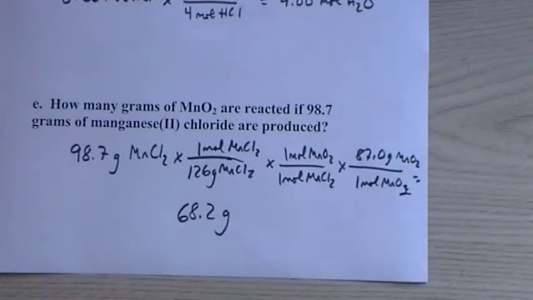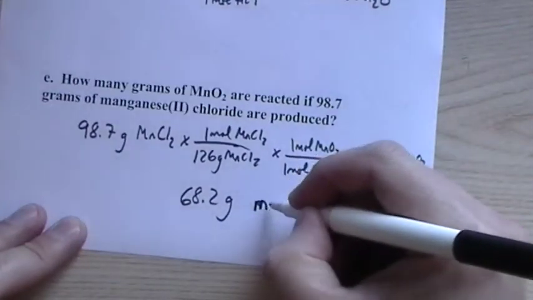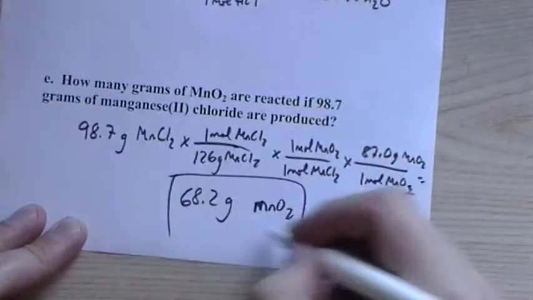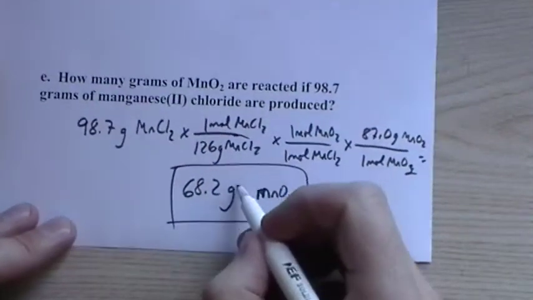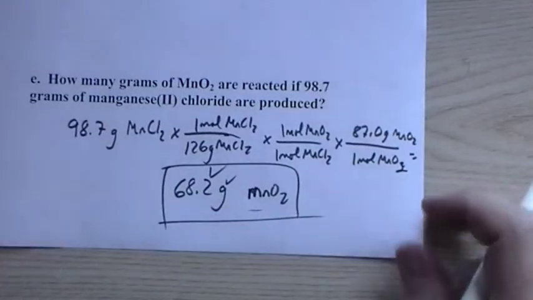Yep, so 98.7 divided by 126 times 87. Yep, and that is the answer. And this should be grams of manganese dioxide. You always want to put in what you've just found. The grams are very important, so is the number, but also grams of what is important as well.